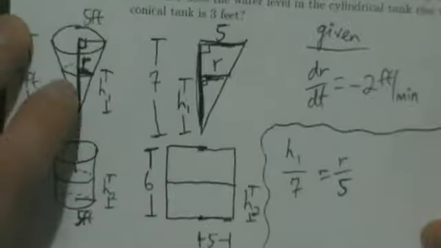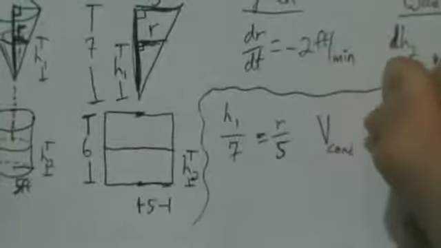Now we also have a certain amount of water inside of this conical tank. It's a conical tank, so the water inside of it is also going to have the shape of a cone, right? The volume of this water is going to be V, and let's call it V sub cone, because it's the volume in the conical tank.